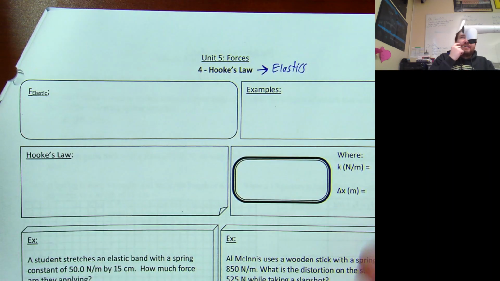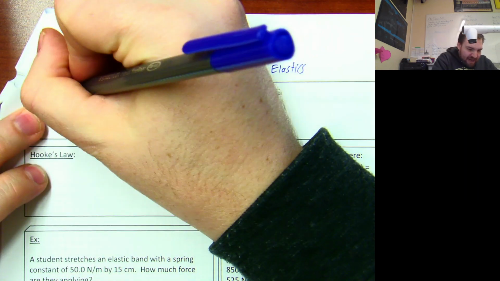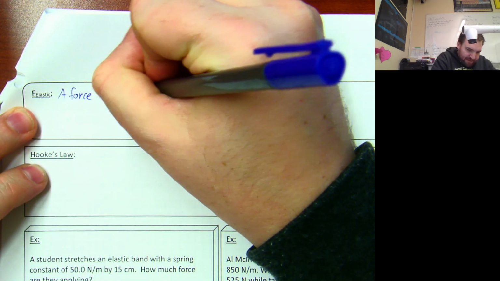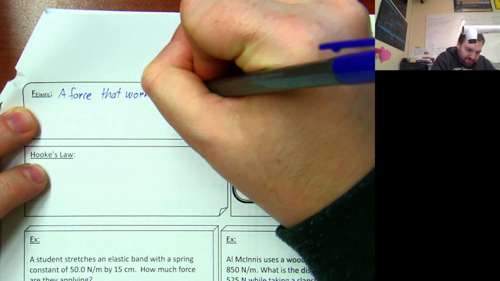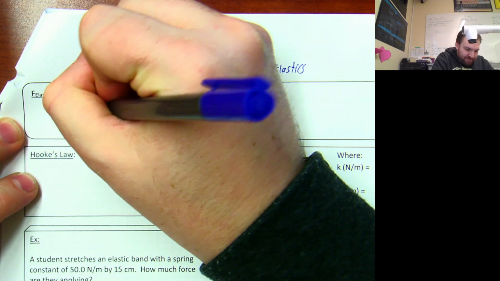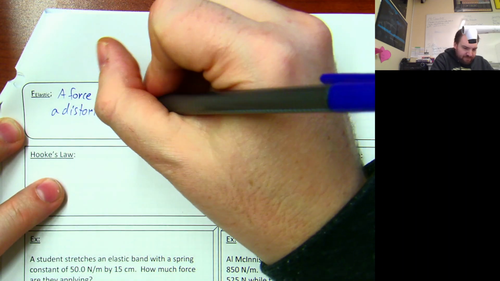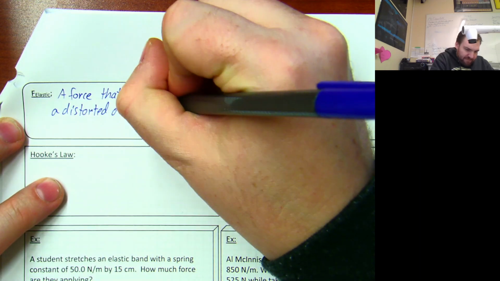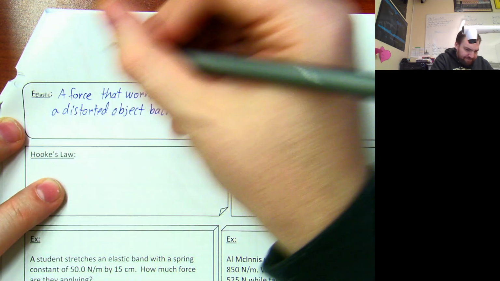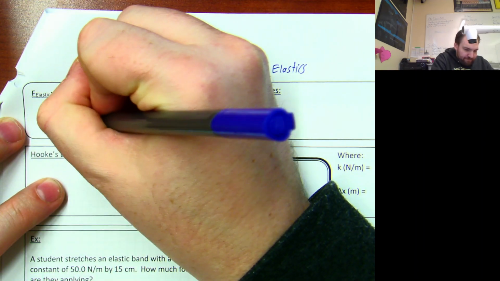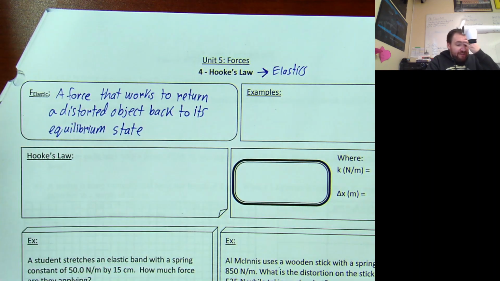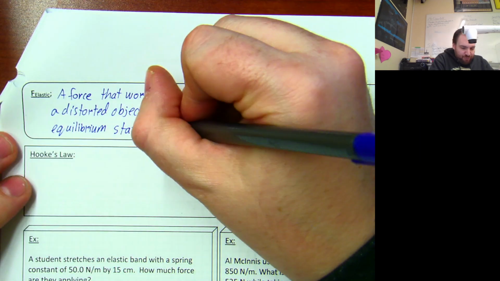The elastic force, governed by something called Hooke's law, is a force that works to return a distorted object back to its equilibrium state. This is also sometimes called its rest state.